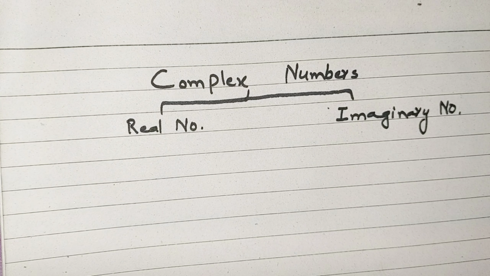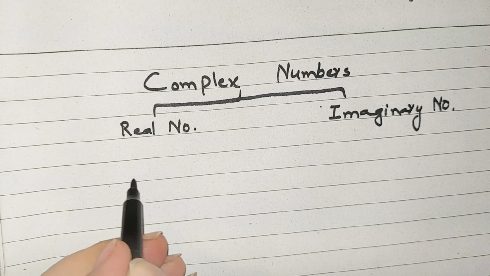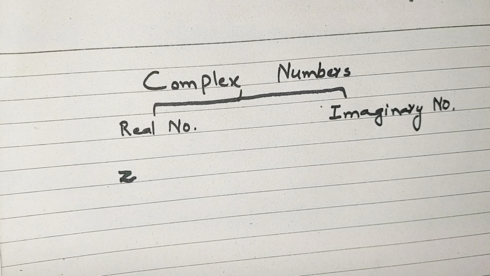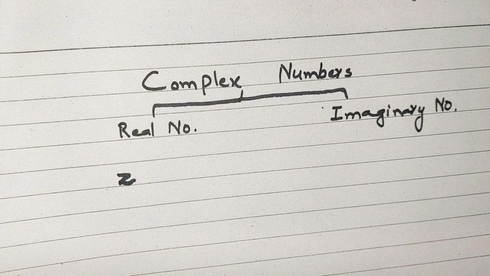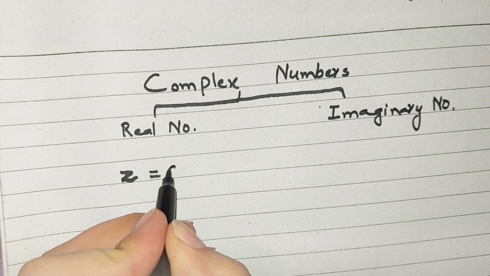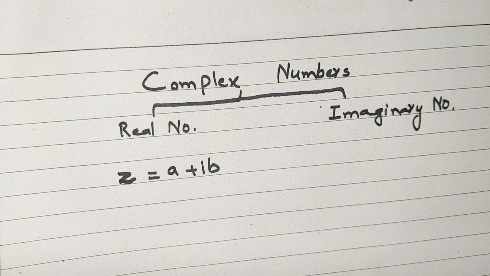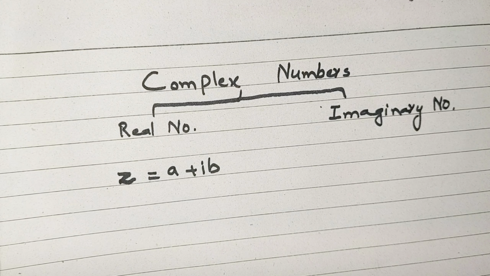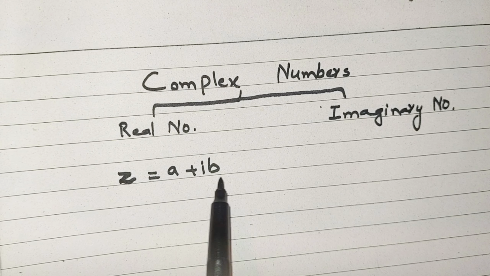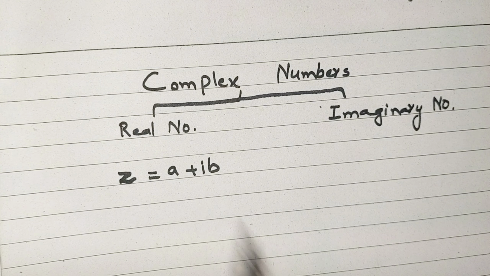How do we represent a complex number? We know that Z is used to represent a complex number, and when we write the expression A plus iota B, this is the representation of any complex number. Here A and B are real numbers, but what is iota here?